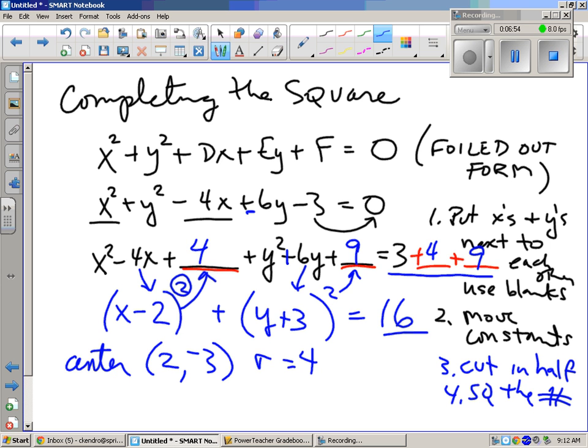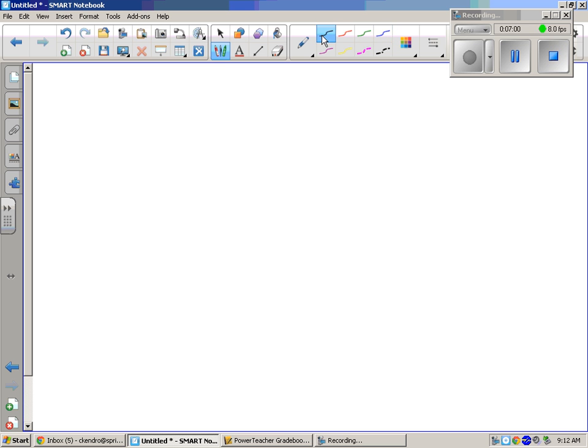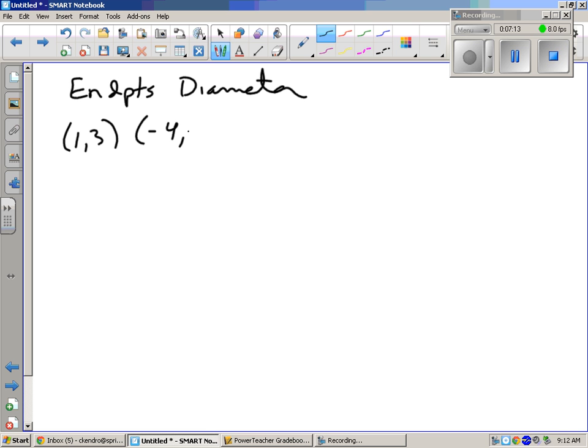So that's completing the square. All right, let's do an example of finding the endpoints of a diameter. Okay, let's say I'm given 1, 3 and negative 4, negative 2, and I want to find the equation of that circle.